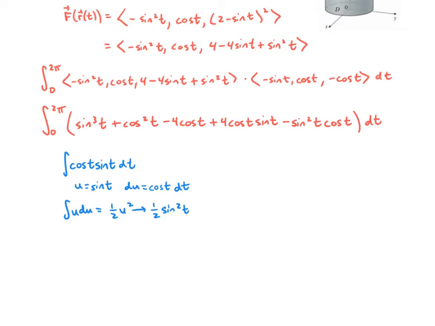And then for the other one, we have sine squared t cosine t dt. And again, u is going to be sine t, and du equal to cosine t dt. And so we have u squared du, which is 1/3 u cubed, and that will again go back to 1/3 sine cubed of t. And we will be multiplying by a negative as well in that case, because again, we were just doing the basics.